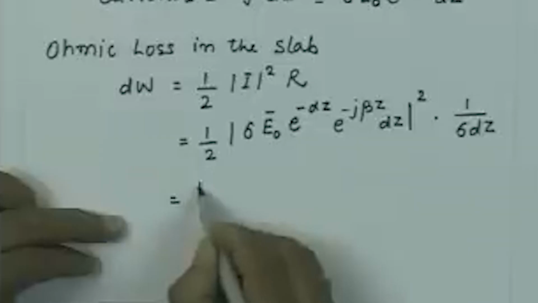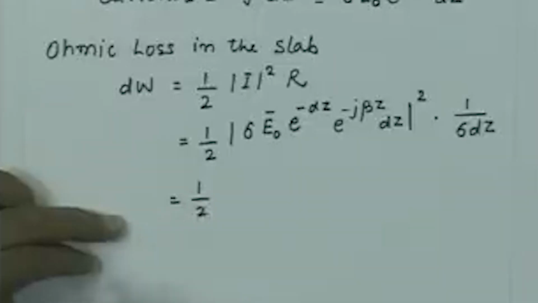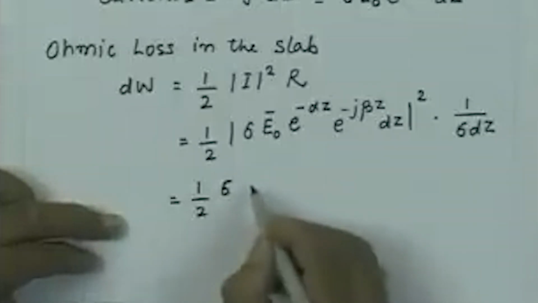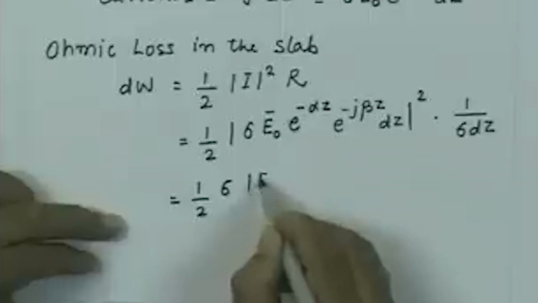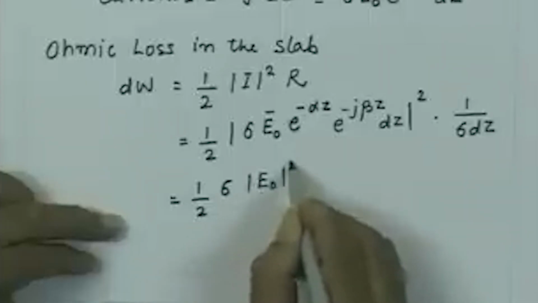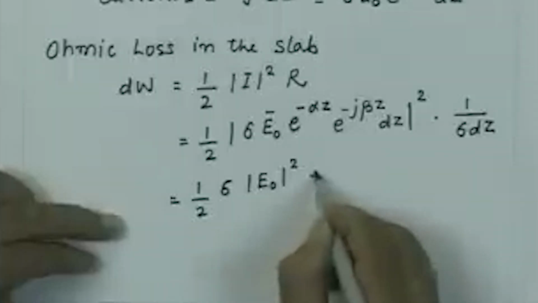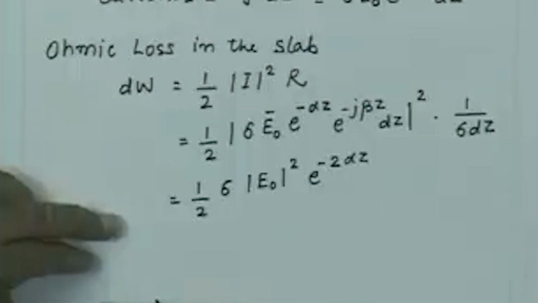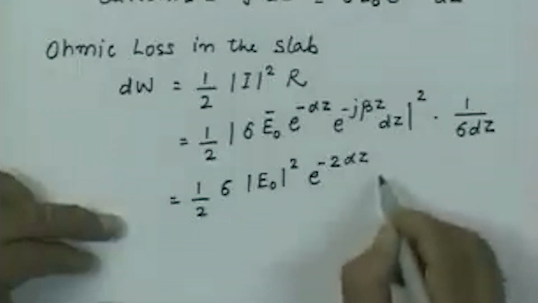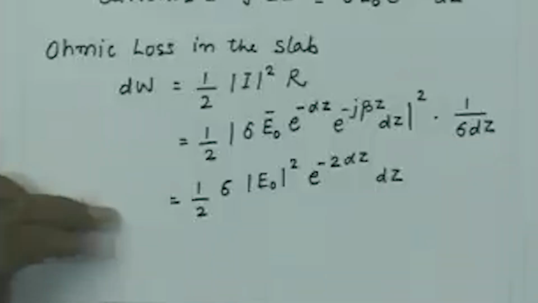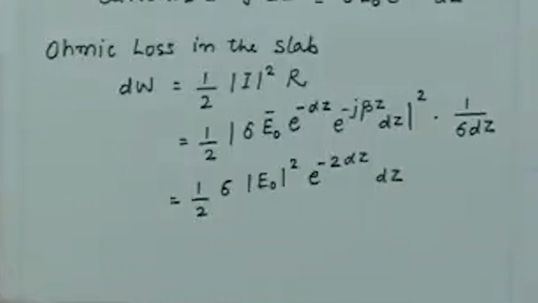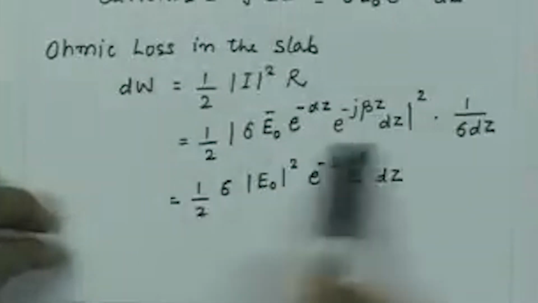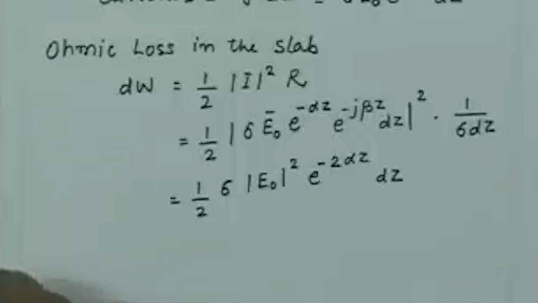I can simplify this. This gives me half sigma square, 1 sigma will cancel, so this gives me sigma, mod E naught square, e to the power minus 2 alpha z into dz, 1 dz will cancel. So the power loss in this thin slab of depth dz is essentially given by this.